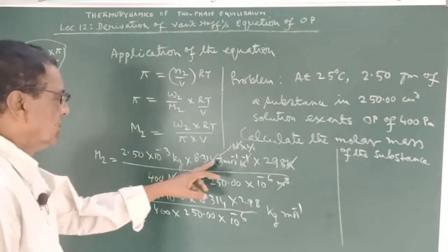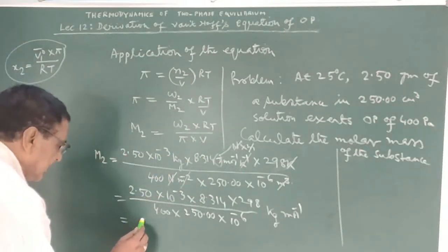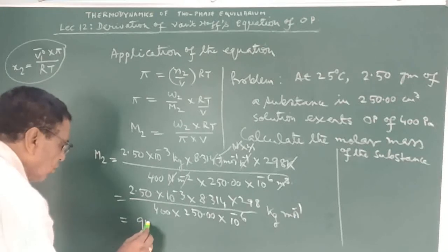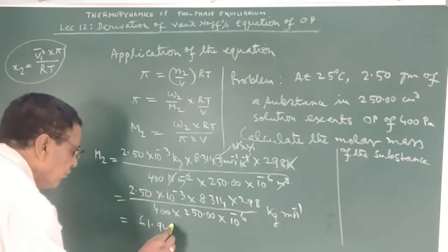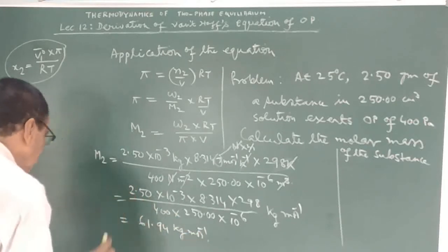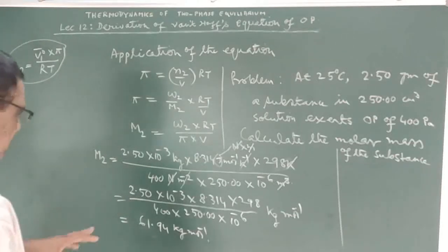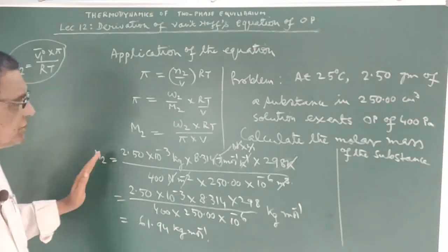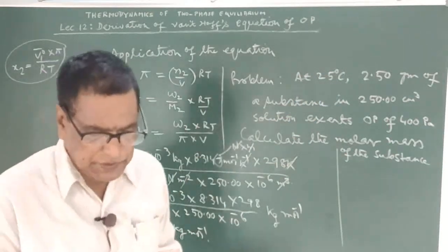If we do this calculation, it will be 61.94 kg mole inverse. So this is the answer, 61.9. This is the molar mass of the solute from the data collected in this experiment.